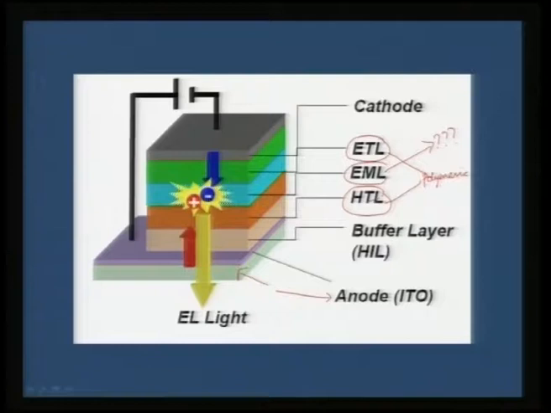So at the recombination zone, which is the emissive layer, if you can bring the number of holes and number of electrons together to recombine at this interface, then you get the desired light which is due to the emissive layer. So this is a basic principle of the organic LED.